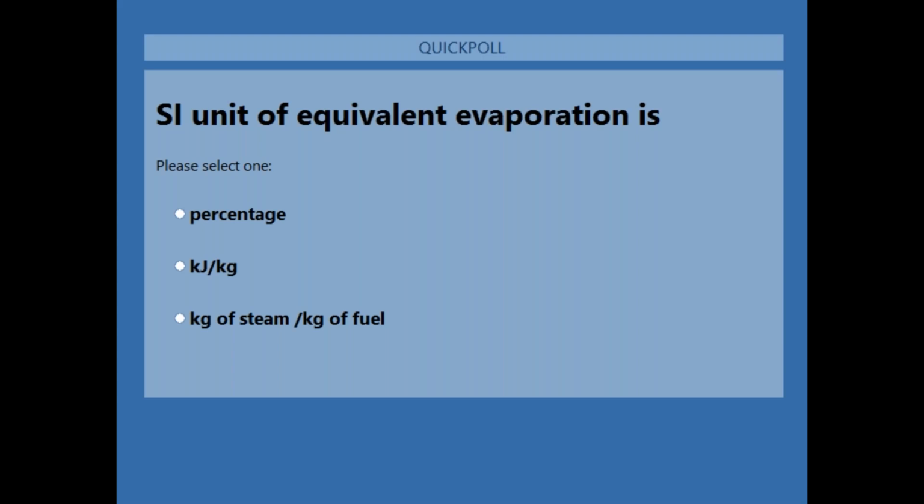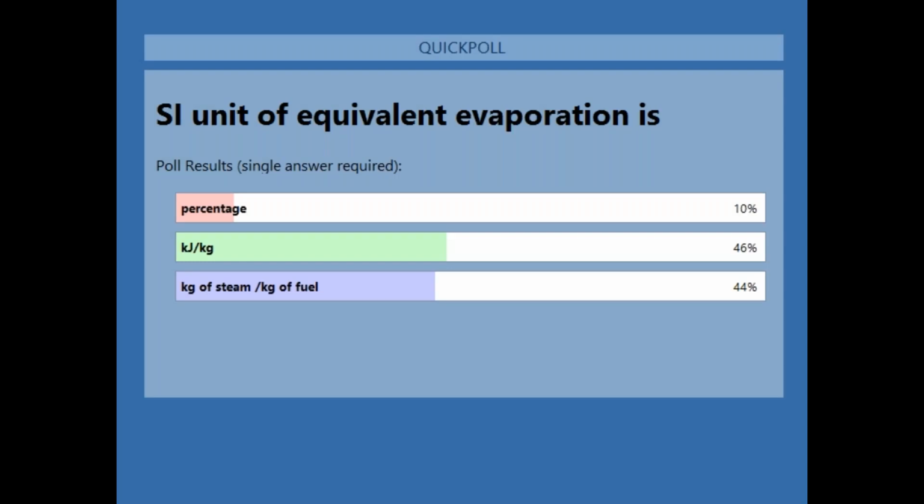So while solving the numerical, I might explain this concept again, but I need not waste time now. Let me close this poll and start with the lecture. I'm closing this poll, sharing the results with you. As you see, about 44% of the students have answered this correctly.